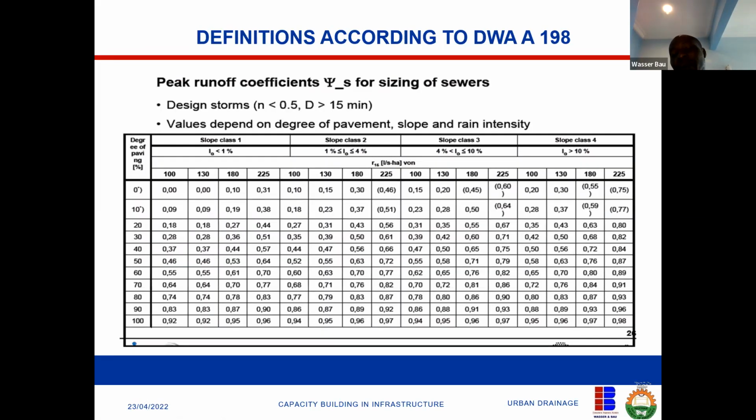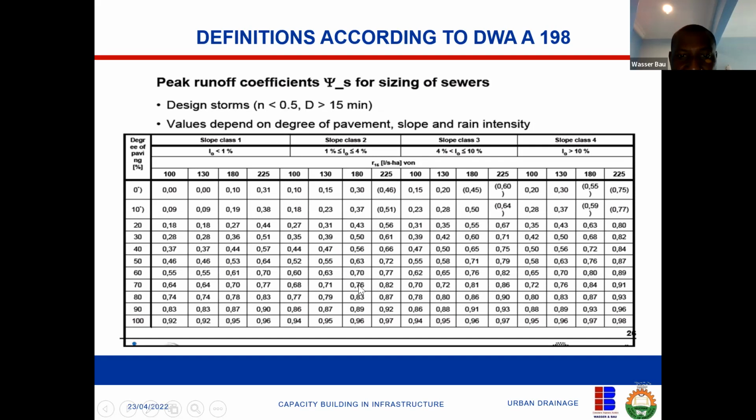Okay, so this is it in tabular form. Depending on the degree of paving, if the place is 80% paved and the slope is less than 1, then if the rain intensity is 100, it will reduce it by 4%, and based on still 80, 0.70.